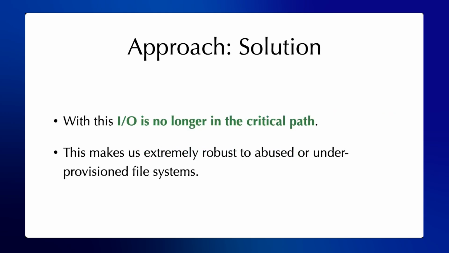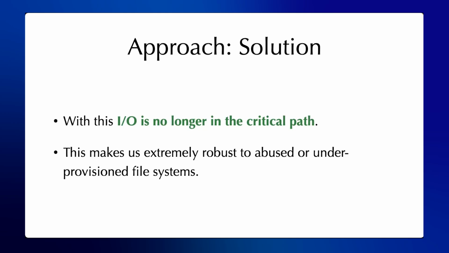The only bit that's in the critical path is the root rank stubbing out the file, and then everyone taking that group lock on that file. The benefit here is we get an extreme amount of robustness, especially on abused or under-provisioned file systems, because again, my I/O is now asynchronous.